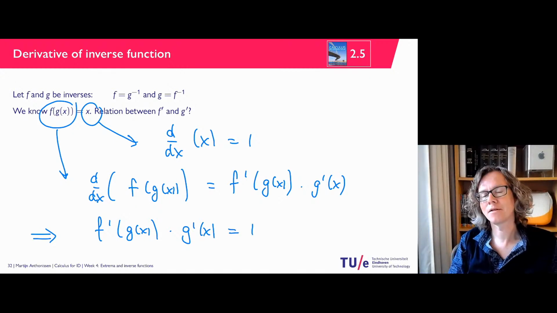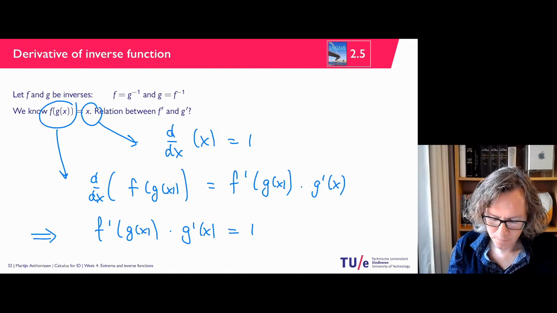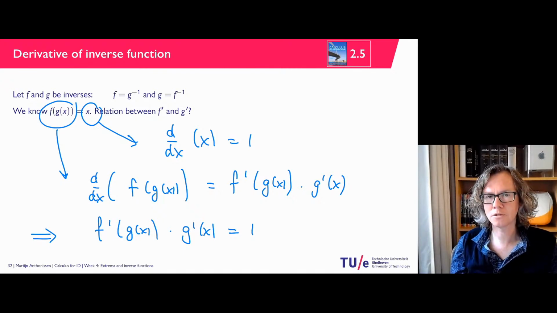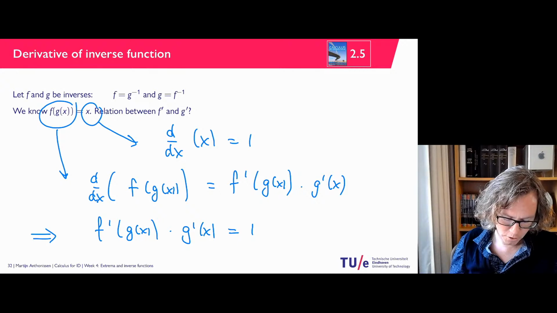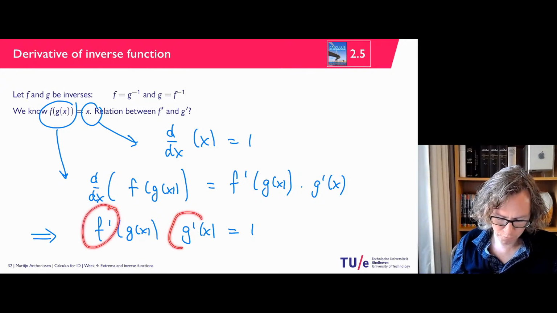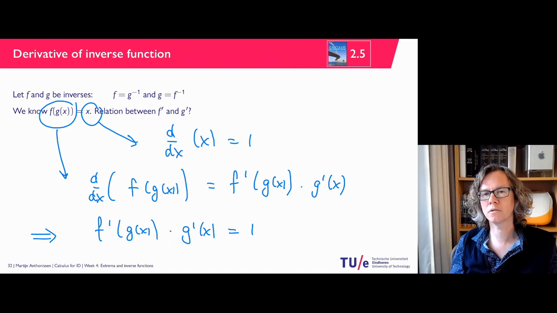And now the tricky bit here, and that's going to lead to quite a bit of confusion, I can already predict, is that here we have the derivative of f, and here we have the derivative of g. That's great, so there's a relation between these two.